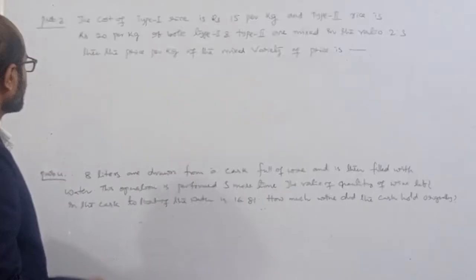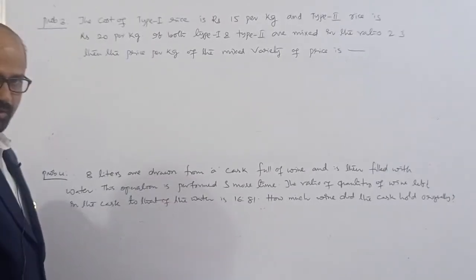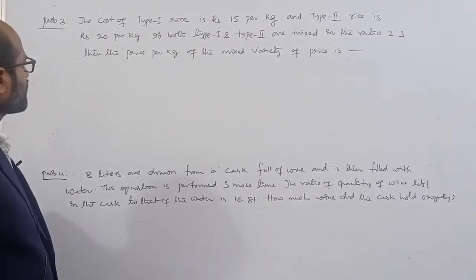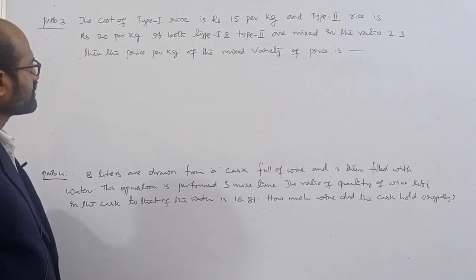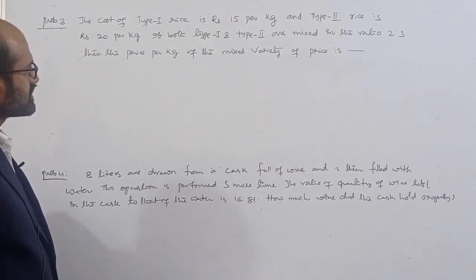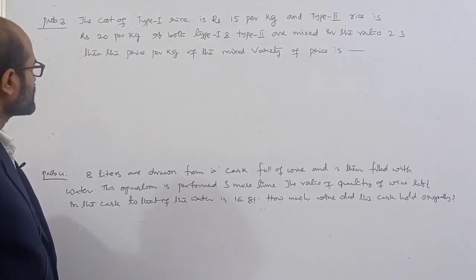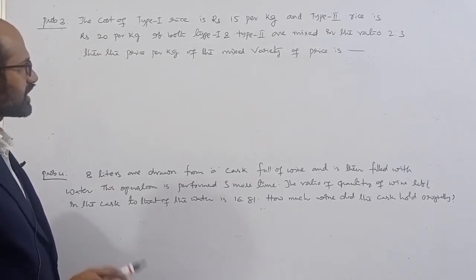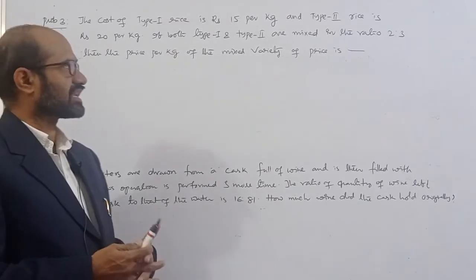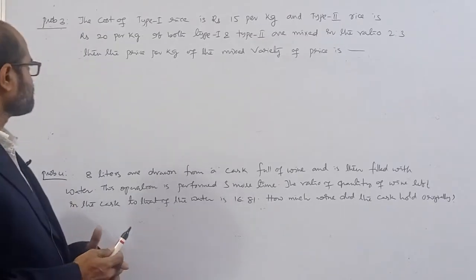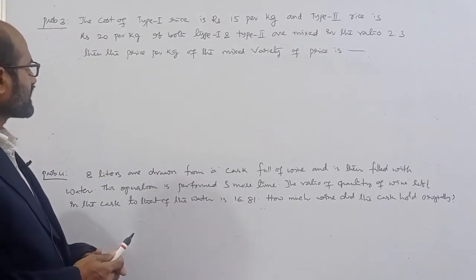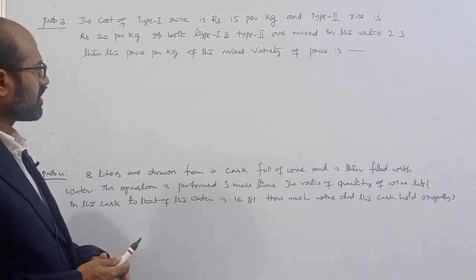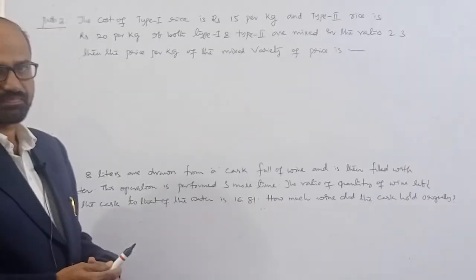See, the third problem. The cost of type 1 rice is 15 rupees per kg and type 2 rice is 20 rupees per kg. If both type 1 and type 2 are mixed in the ratio 2:3, then the price per kg of the mixed variety is?